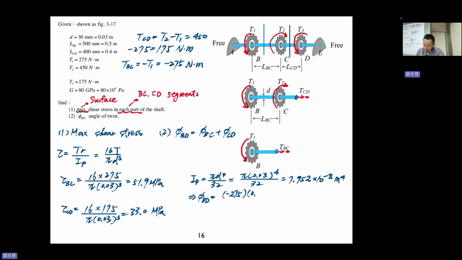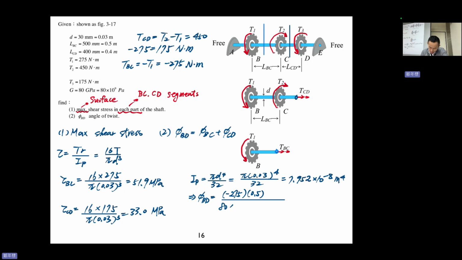So you can see that in the first problem, the values matter, the direction doesn't matter. But now you are going to determine the angle of twist, which means that it could be positive or negative, and then two sections' twist angles may cancel each other, right? So the sign becomes important in the second problem.